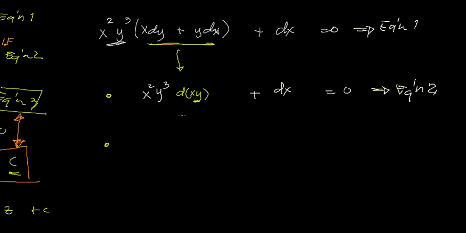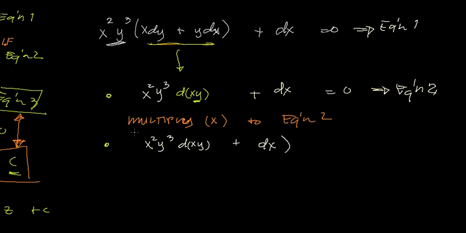Maybe later on you will understand what I am talking about. In order to make our exponents equal, let's try to multiply x to equation 2. By doing that we have x squared y cubed times x d(xy) plus x dx. So this is now our integrating factor.